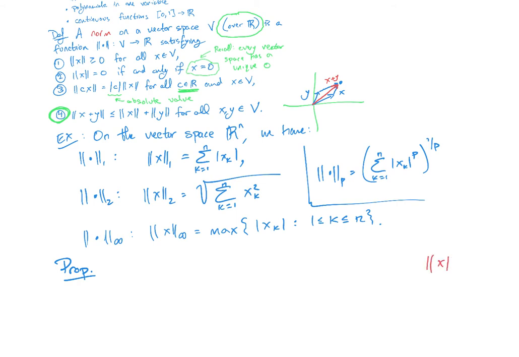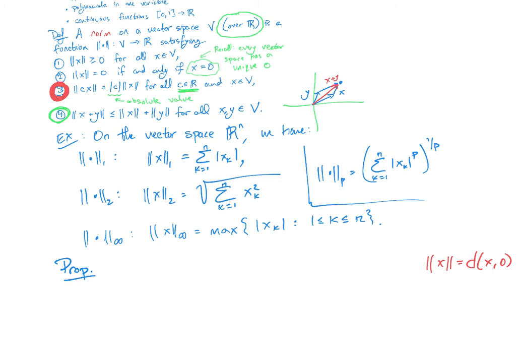So if you have a metric, you can make a norm. That's tempting to think, right? How are you going to satisfy property 3 of a norm? Almost. If you have a special metric, you can use it to define a norm, but it would have to be a special metric that satisfies the scalar condition.